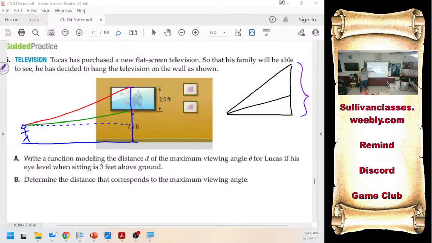Well, the TV's mounted 7.5 feet up, 2.5 feet tall, grand total of 10 feet, minus 3 because that's their eye level. So 7. And then, if the TV itself is 2.5, then what's the part we don't care about?